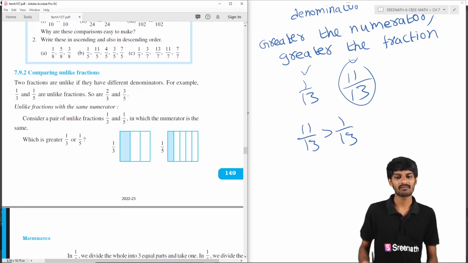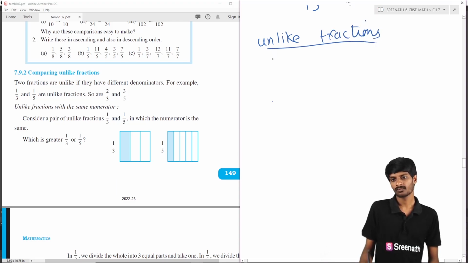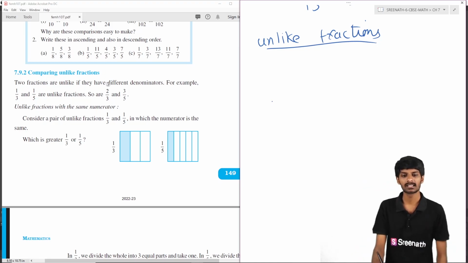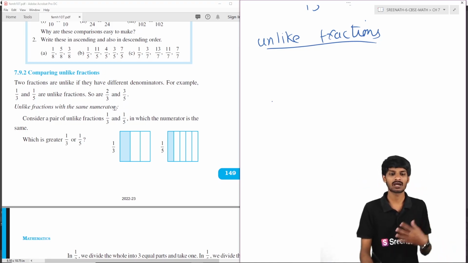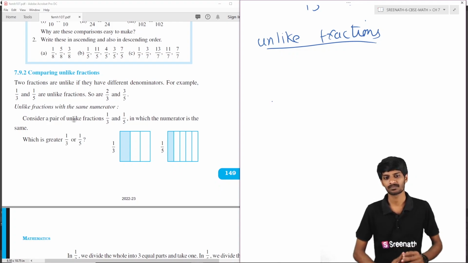Suppose you are having unlike fractions, how to do the task? Here there are 1/3 and 1/4. How will you compare them? Here there are 2/3 and 3/5. How will you compare those? Which is greater? Which is smaller?